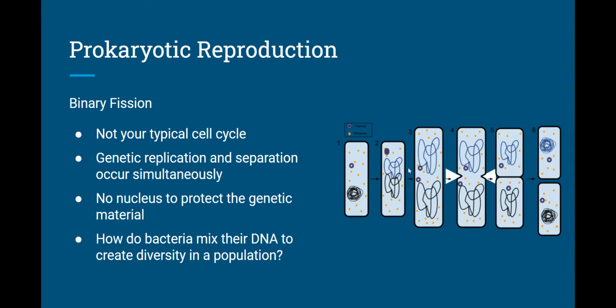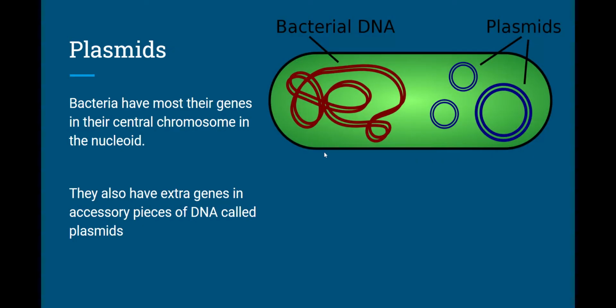But that does raise the question, if bacteria are all reproducing asexually, how do bacteria create diverse exchanges of genetic information so that they have a diverse population that can evolve and survive disturbances? Because you need diversity to survive disturbances. Well, bacteria have evolved a few different strategies for this.